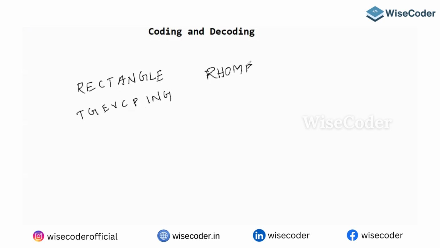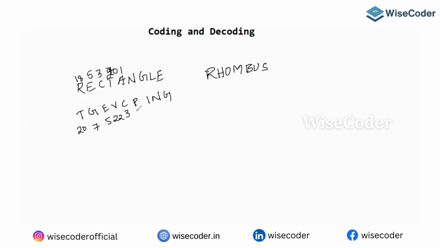Then what is the code for RHOMBUS? Guys, you need to figure it out. What is the logic behind here? Look here. This is the 18th letter, this is the 20th letter. 5th letter, 7th letter. 3rd letter, 5th letter. 7th letter. Sorry, 20th letter, 22nd letter.